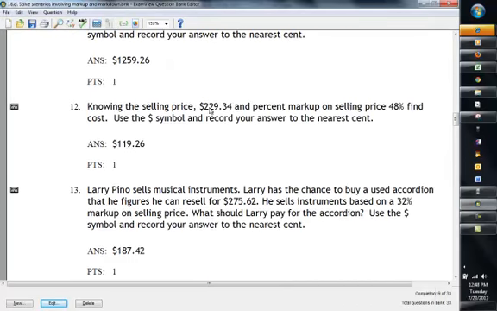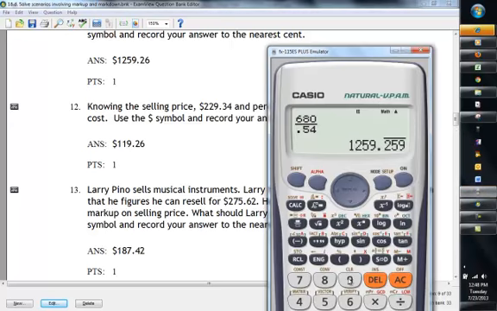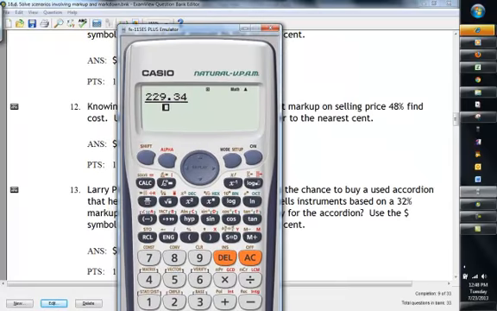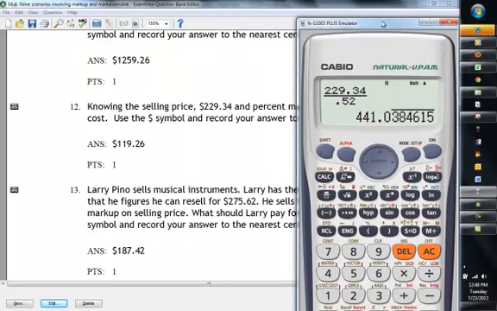Knowing the selling price of $229.34 and a markup on selling price of 48%, find the cost. Same kind of a thing. So it'll be $229.34 divided by, if it's 48% on, it'll be 52% off, and we get $441. What did I do wrong?